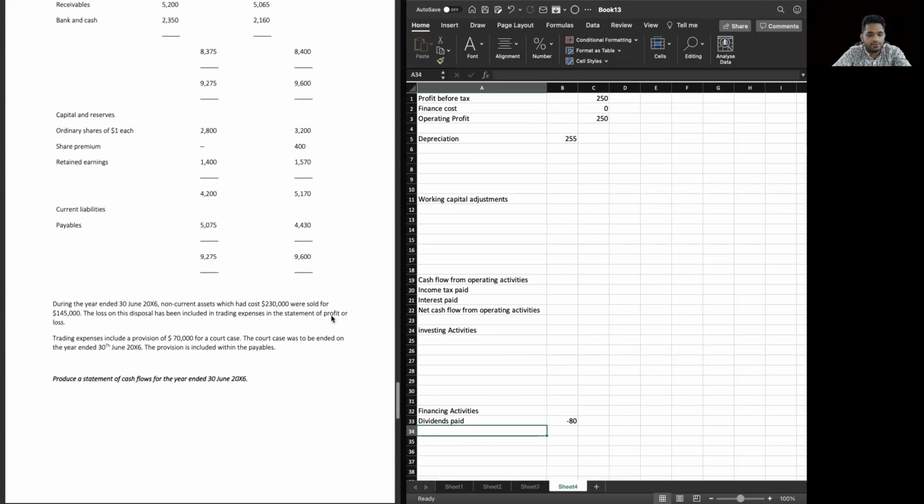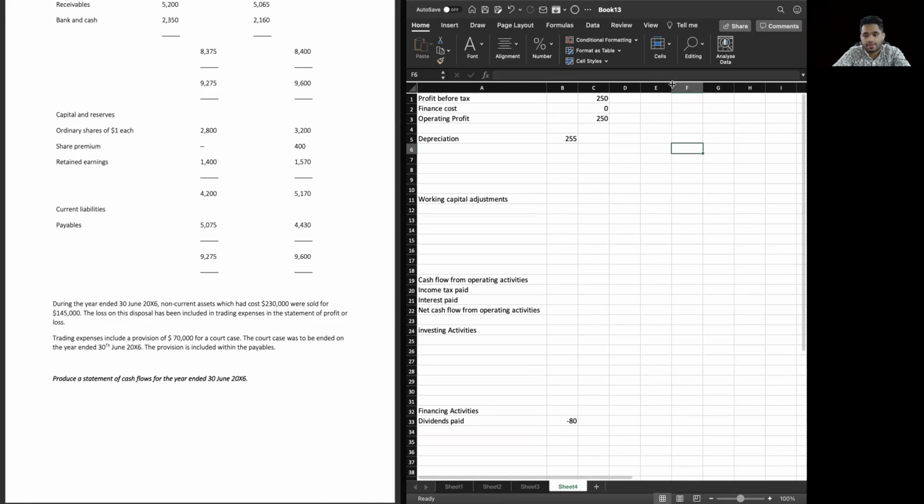Now, normally before you move ahead, you need to look into the notes that are given. During the year ended 30th June 2006, a non-current asset which had cost 230,000 was sold for 145,000. The loss on this disposal has been included in trading expenses in the statement of profit or loss.